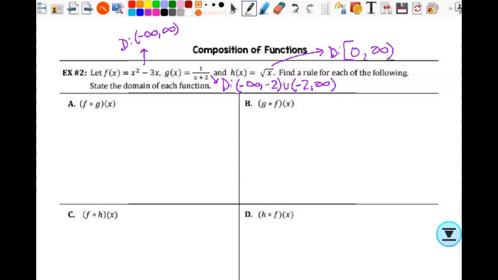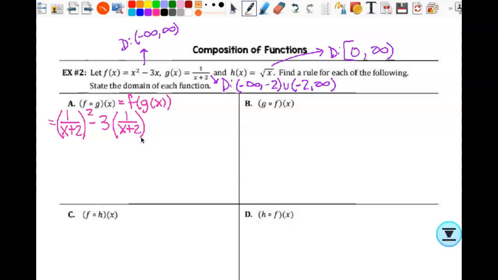Okay, so then let's find f of g of x. So I'm going to take g of x, put it in f of x. So this is going to give me 1 over x plus 2 squared minus 3 times 1 over x plus 2.